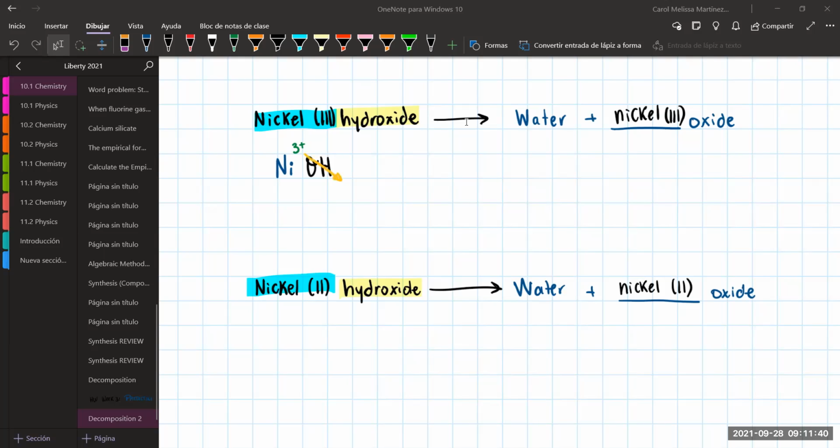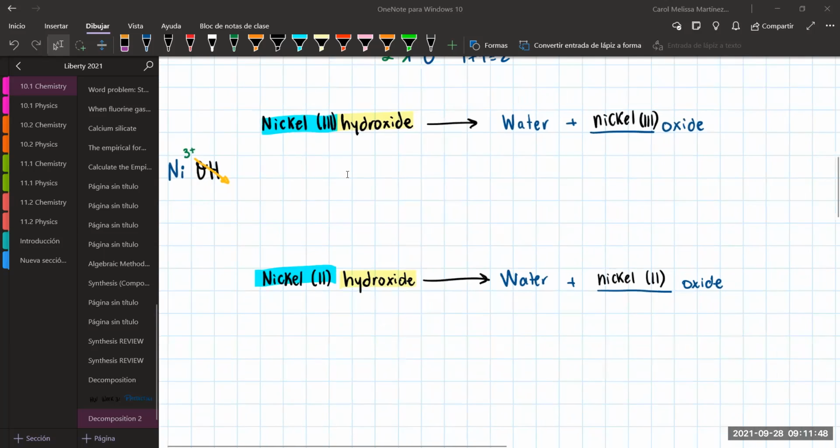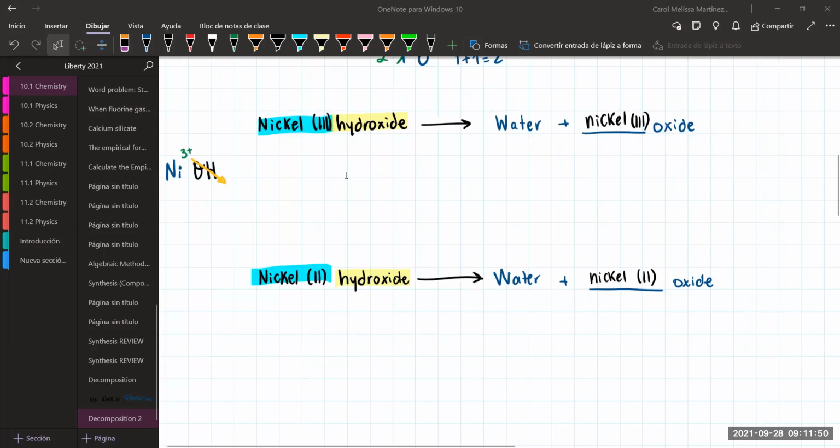And because I have a polyatomic ion, I need to include parentheses. I'm going to leave the procedure there, but the compound formula is Ni(OH)3, with the OH in parentheses.